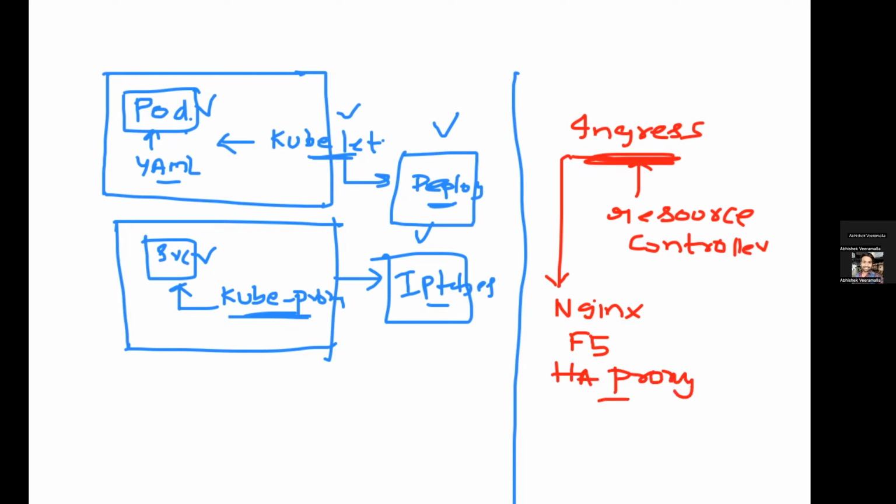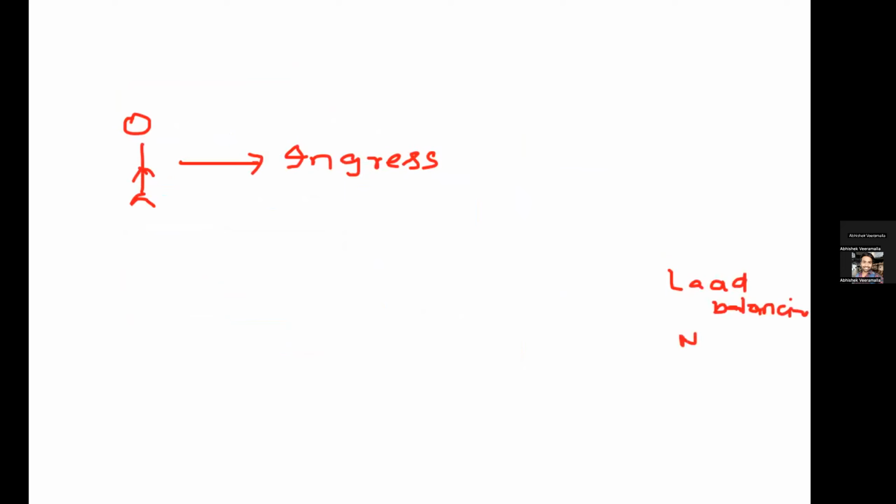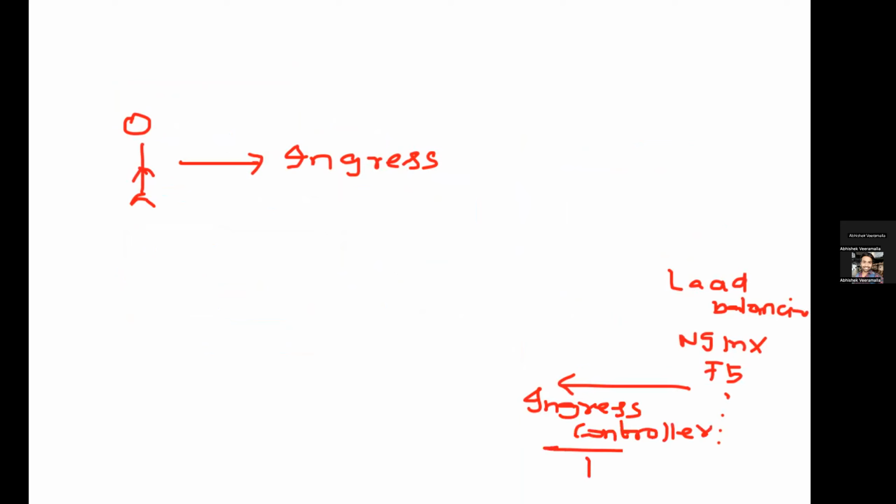So what I'll do is come up with an architecture: the user will create the Ingress resource, and load balancing companies like Nginx, F5 or any others will write their own Ingress controllers, place them on GitHub, and provide the steps on how to install them using Helm charts or any other ways.